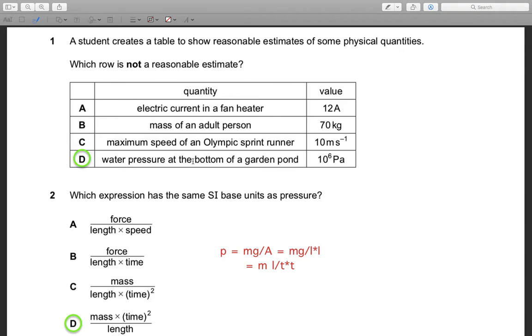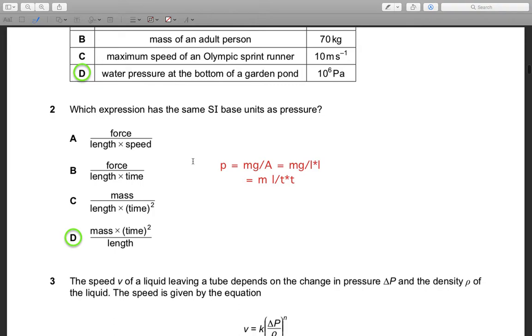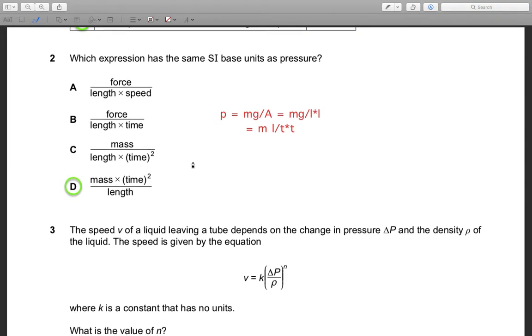Number two, which expression has the same SI base unit as pressure? Pressure is force divided by area.